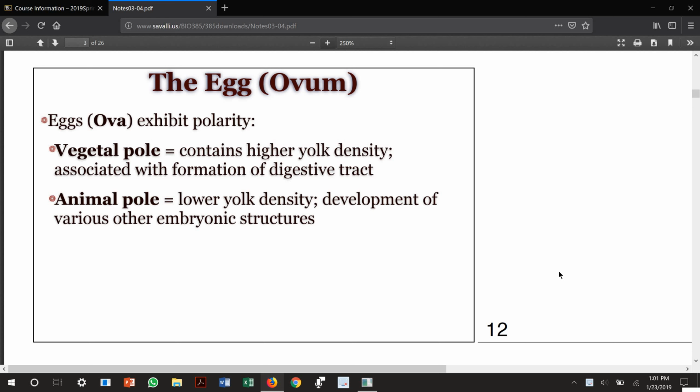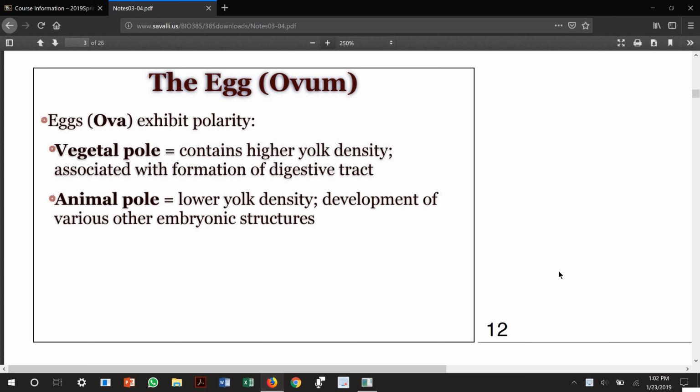And that is the end that generally has somewhat higher yolk density, and is typically associated with the formation of the digestive tract, as we'll see. And the opposite end is called the animal pole. It generally has lower yolk density and is where most of the other embryonic structures develop from. So there's an animal pole and a vegetal pole in a typical egg. And that helps orient the processes of development.